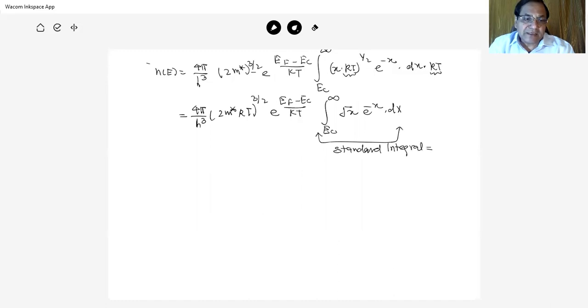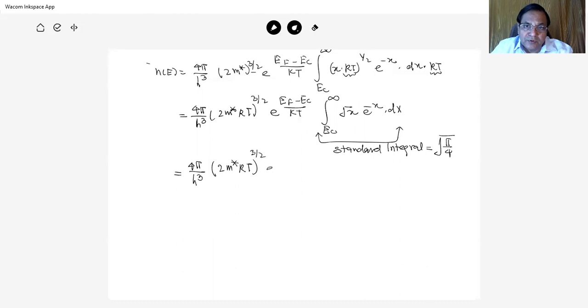And we can substitute its value, which is root pi by 4. So what will be the value? 4 pi upon h cube, (2 m star kT)^(3/2), e raised to the power (Ef minus Ec) upon kT, into root pi by 4.